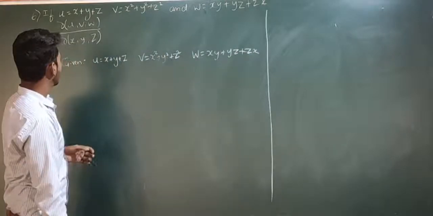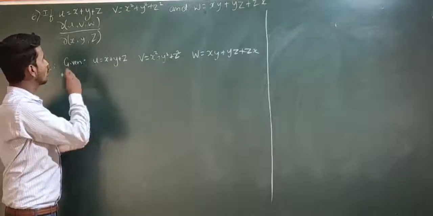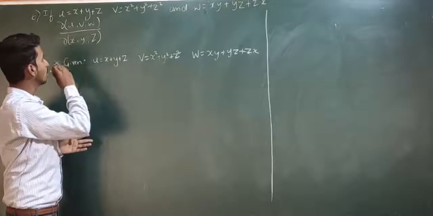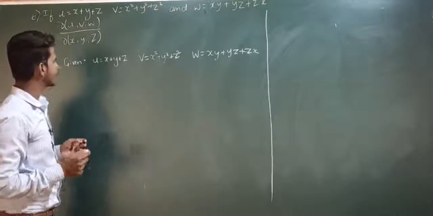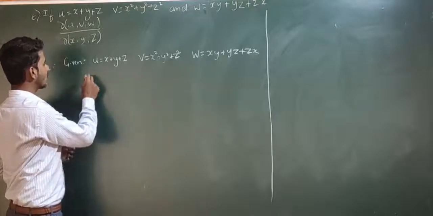Next, to find dou of u comma v comma w divided by dou of x comma y comma z, we have to differentiate partially with respect to x, y, z.